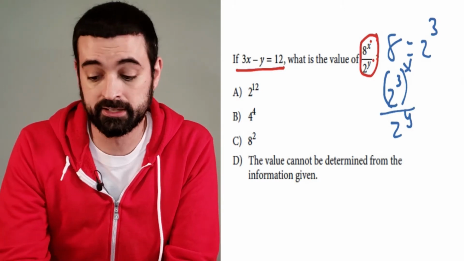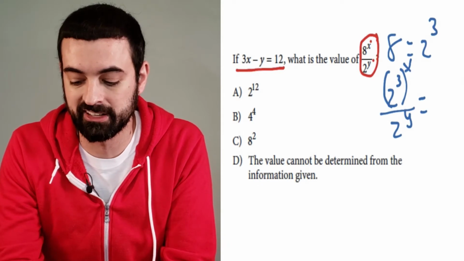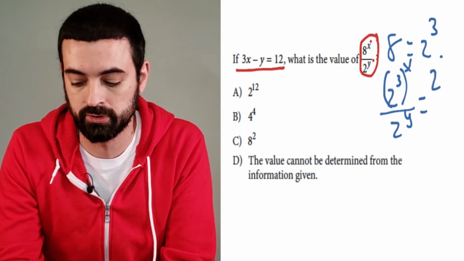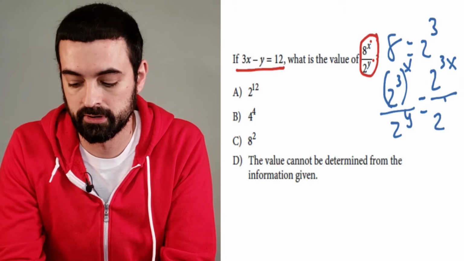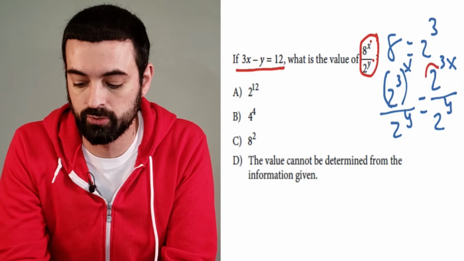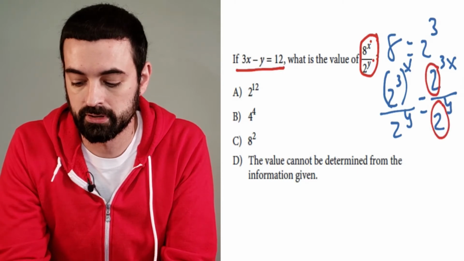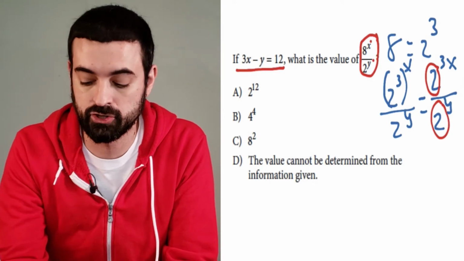When we distribute the x into the parentheses, this is rewritten as 2 to the 3x over 2 to the y. Notice that now we do have the same base. Now we actually can just subtract.